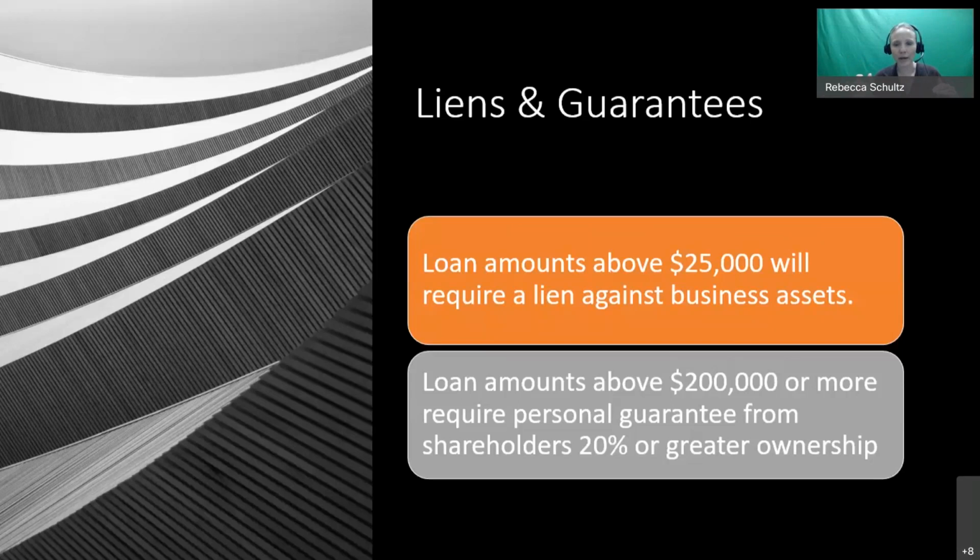So if your loan amount is above 200,000 at $1, you have a personal guarantee from all shareholders with 20% or greater interest or ownership. So if that business defaults or has something adverse happen to it, you are coming back to the government saying that you are 100% going to repay any outstanding debts that are owed by that business.